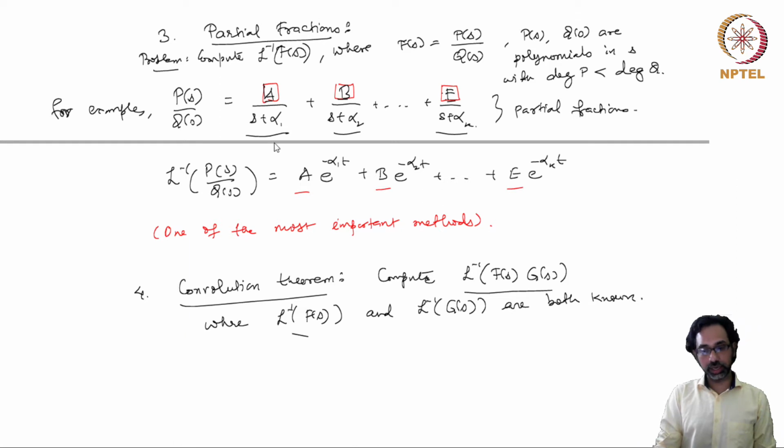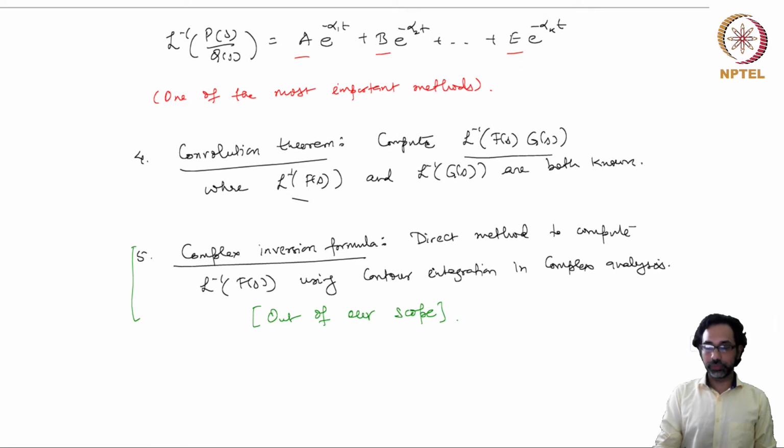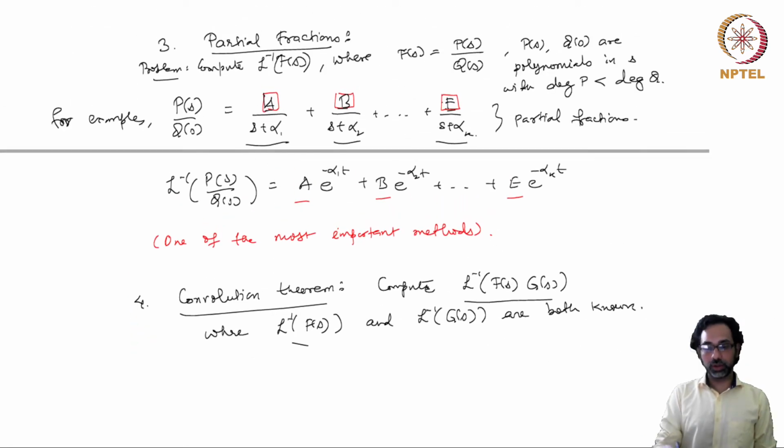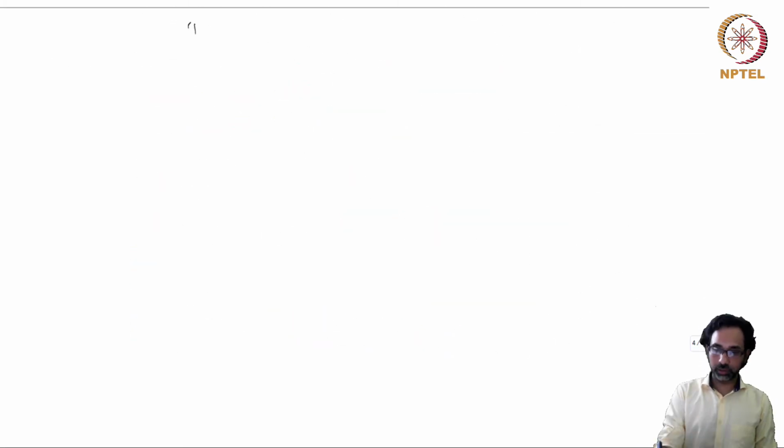In this case they are partial fractions, and we will cover in much more detail this method, and of course we will also cover the convolution theorem. So these two will be the main focus for our methods to compute the inverse Laplace transforms. So let us begin with partial fractions.